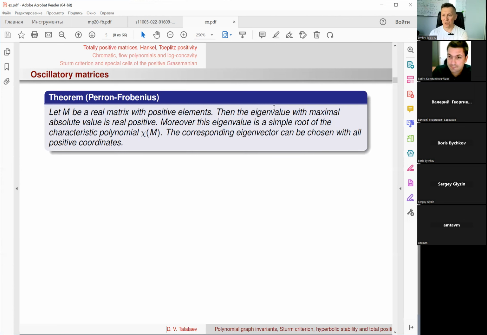Then it has very strong properties. The eigenvalue with maximal absolute value is real and positive. And moreover, this eigenvalue is a simple root of the characteristic polynomial, and the corresponding eigenvector can be chosen such that all its coordinates are positive numbers, which sometimes play the role of probabilities.